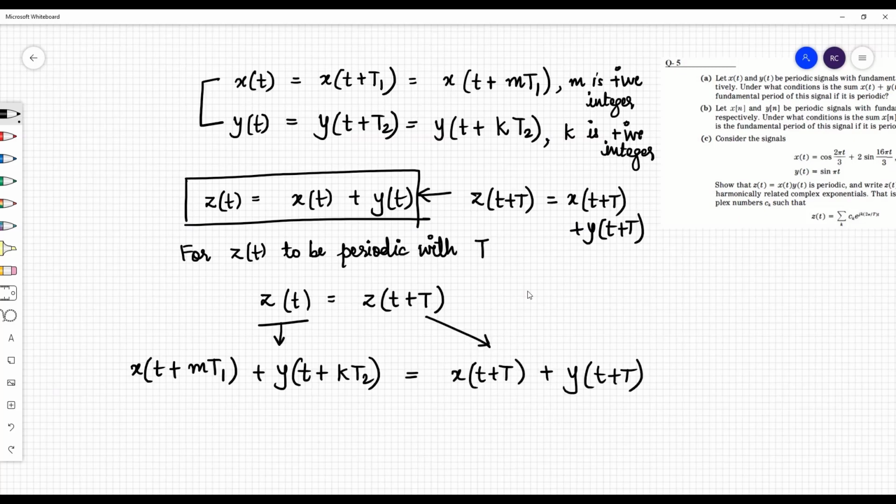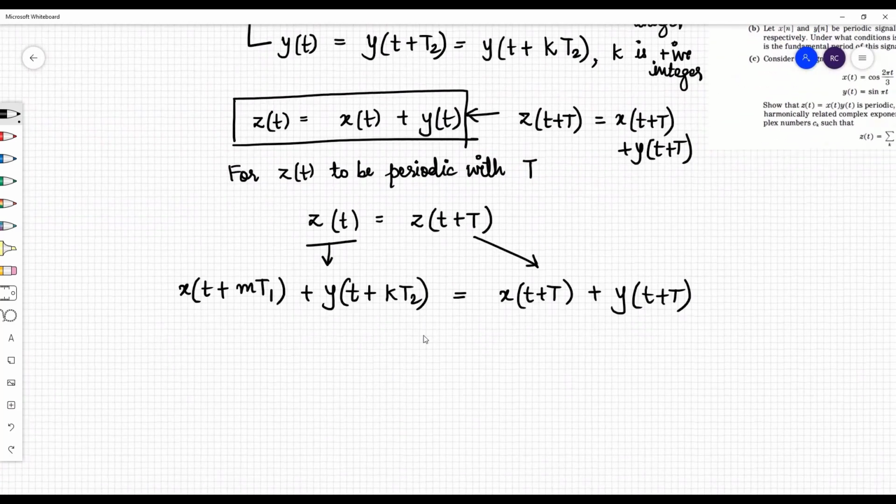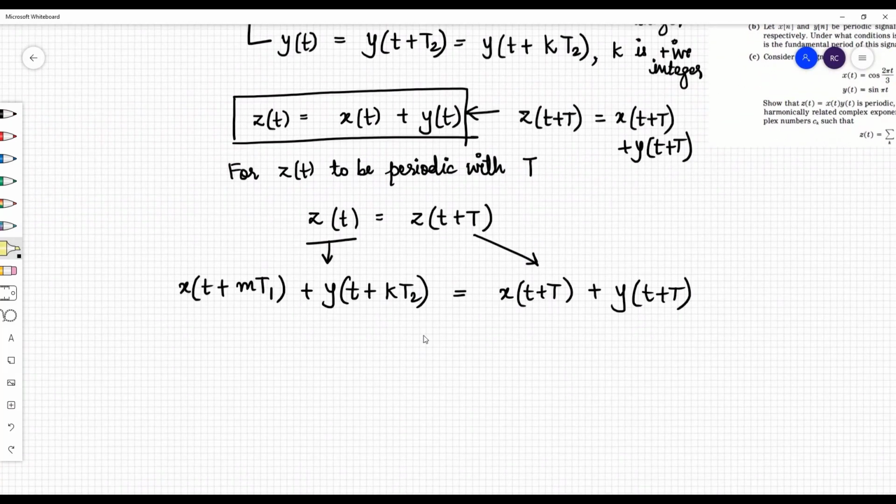Now, from this expression, what we infer is that mT1 has also got to be equal to T, and kT2 is also supposed to be equal to T. Only then this equation is going to be valid, right? So we can say that mT1 is equal to kT2, which is equal to T.